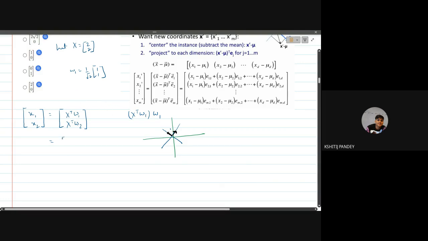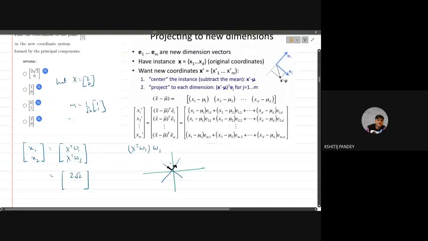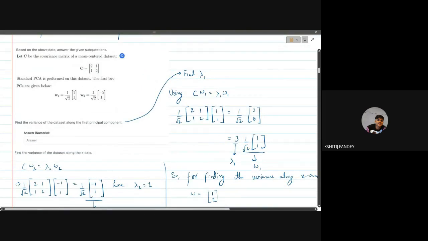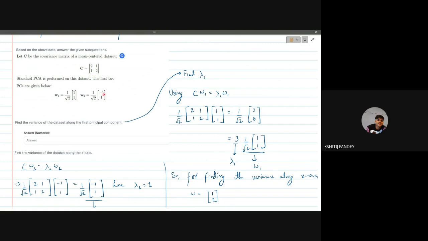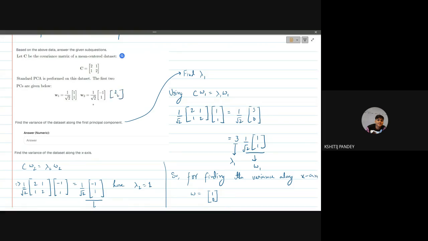So this is 2 root 2 here, and X transpose W2 will be 0. Why is that? Because on taking the dot product of vector (2, 2) with W2, this will be 1 by root 2 into 2 minus 1 by root 2 into 2, which is equal to 0, correct?